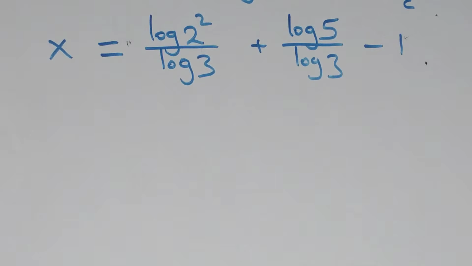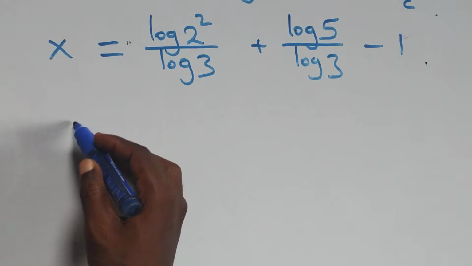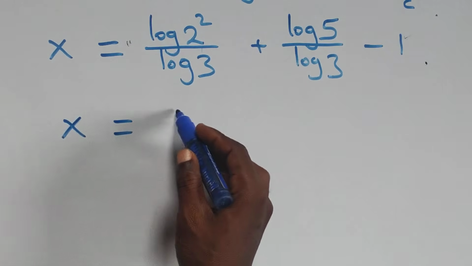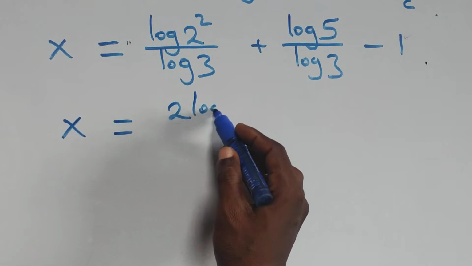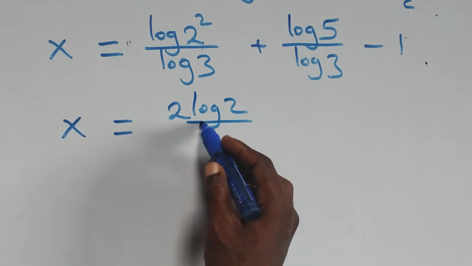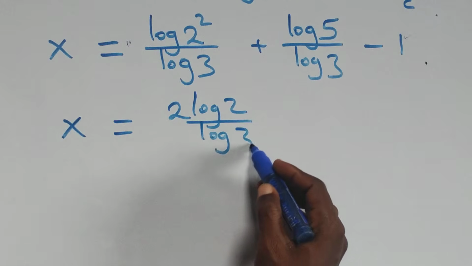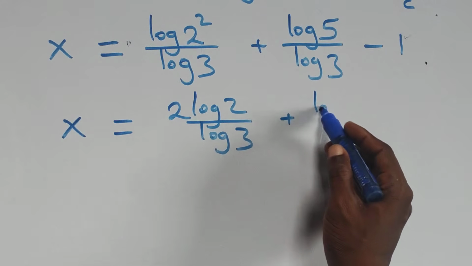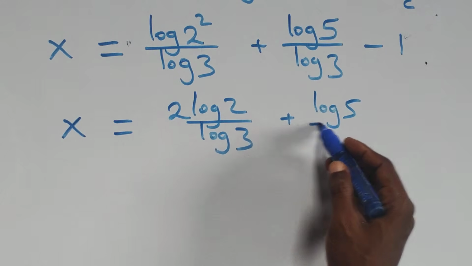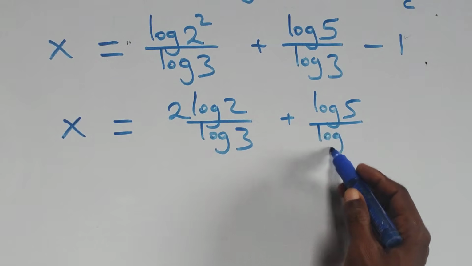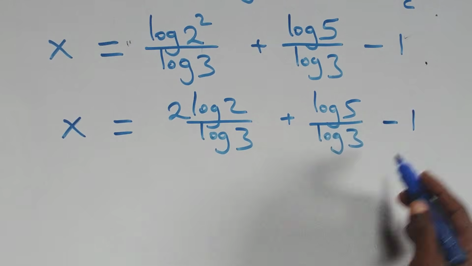Then here we apply the power law of logarithm. 2 comes here and we have x equals to 2 log 2 over log 3 plus log 5 over log 3 minus 1.